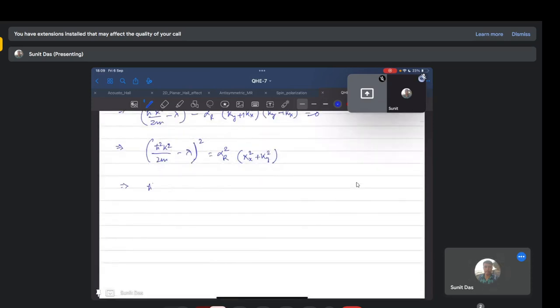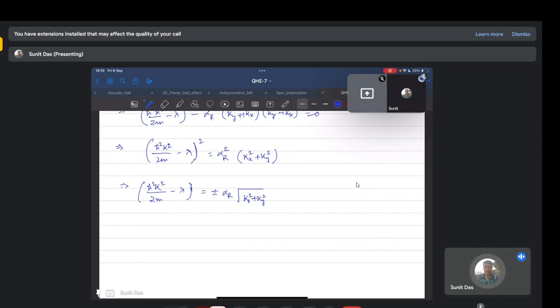And then I need to get out of this square, which will be plus minus alpha R, and then root over kx square plus ky square.